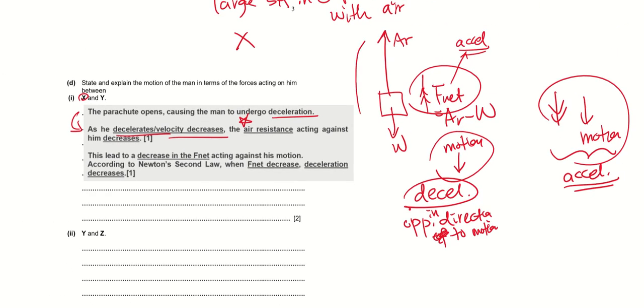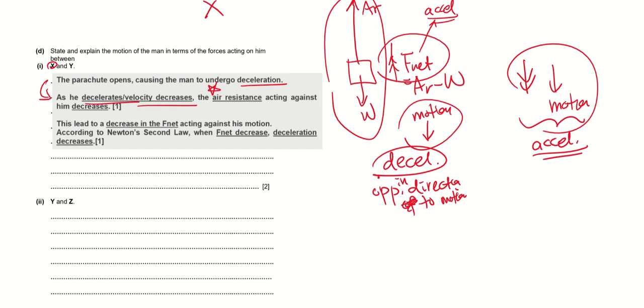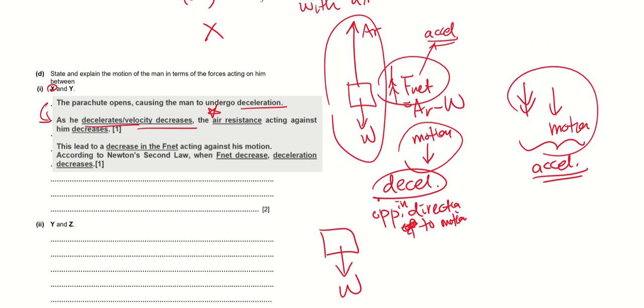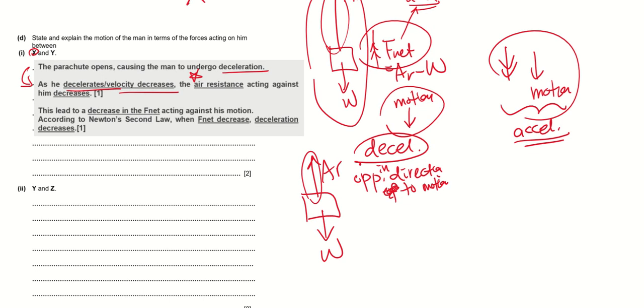So previously I drew like this. After a while, due to his speed decreasing, the weight remains the same, yeah? The air resistance will now be of a lower value. Can you see the length of this? Why did the air resistance decrease? Because his speed decreases.